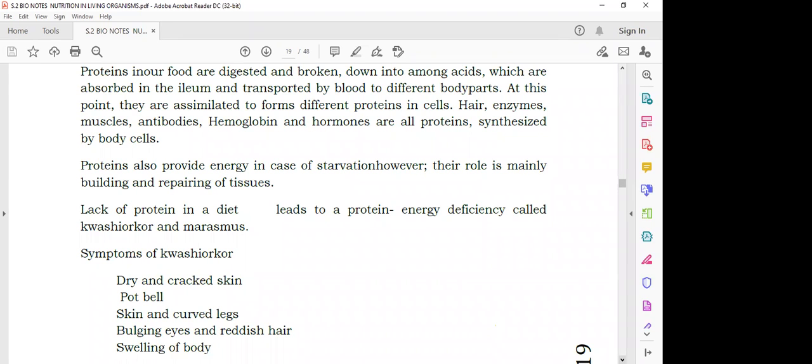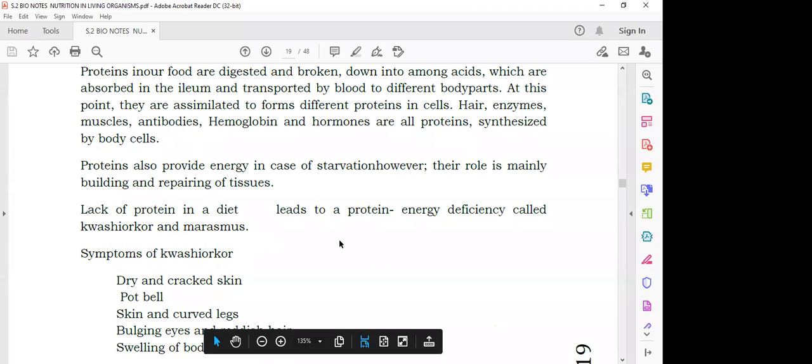But that would be wastage of your body tissues, and if the proteins are used up, the next thing will be death, from lack of energy for the body.